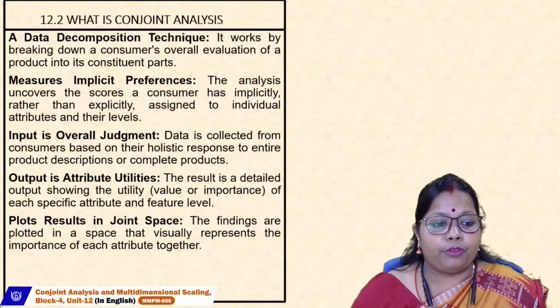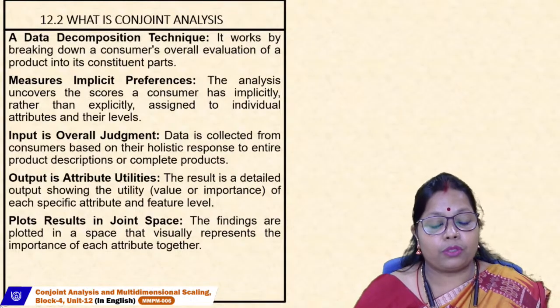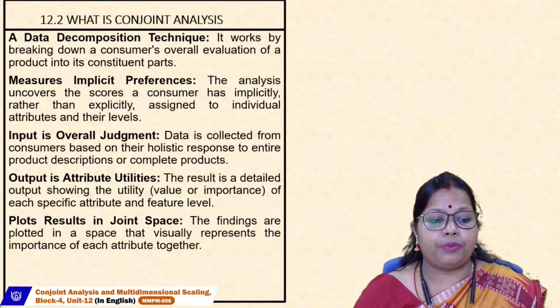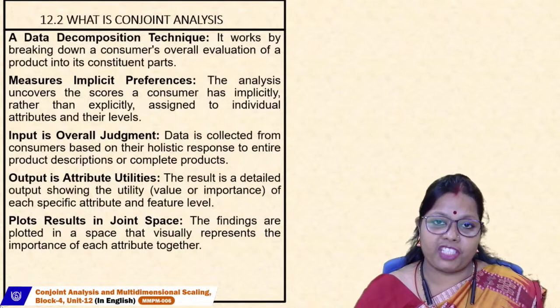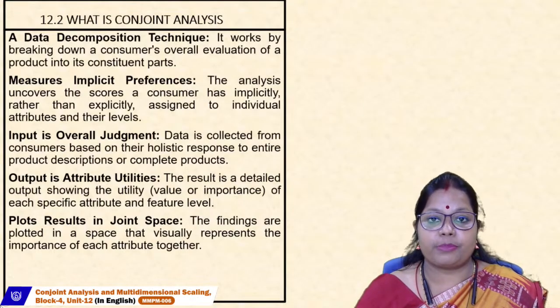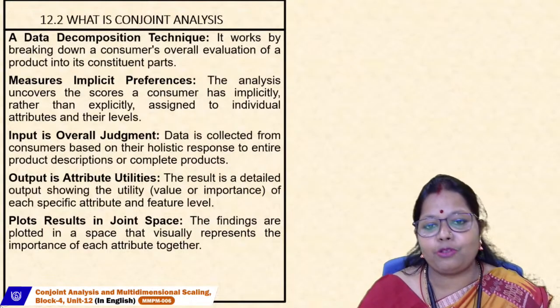Coming to the fourth point, the output is attribute utilities. The result is a detailed output showing the utility of each specific attribute and feature level. And it plots results in joint space. The findings are plotted in a space that visually represents the importance of each attribute together.